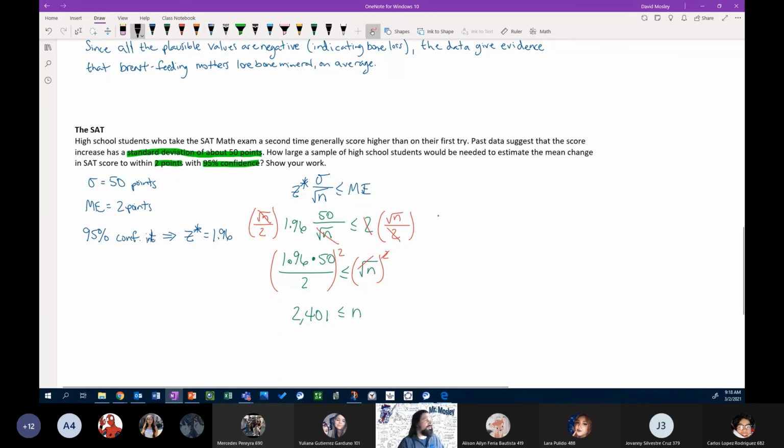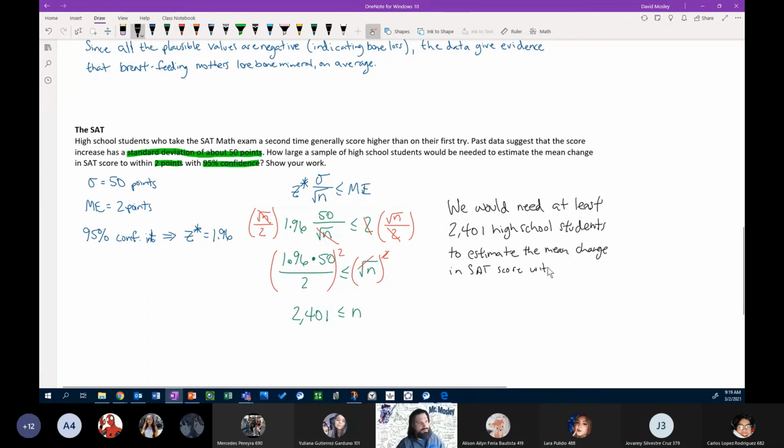And we can write down we would need at least 2,401 high school students to estimate the mean change in SAT scores within 2 points with a 95% confidence.